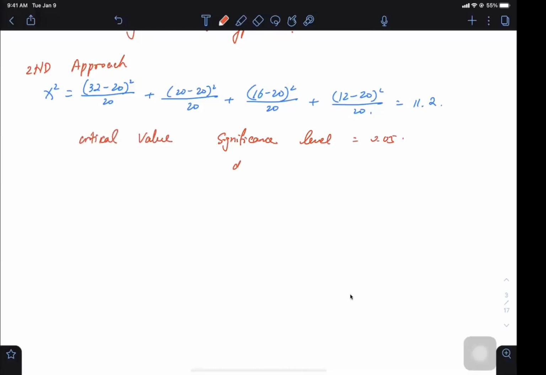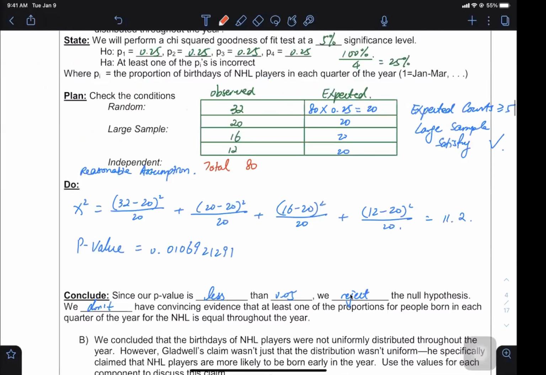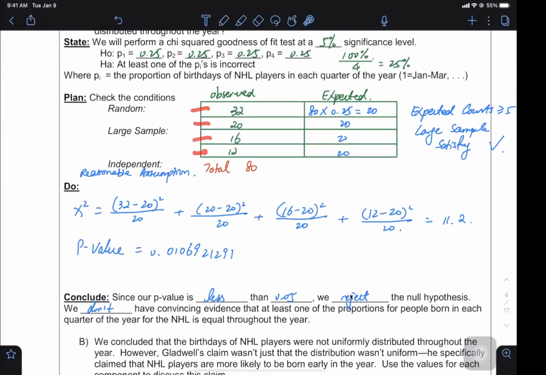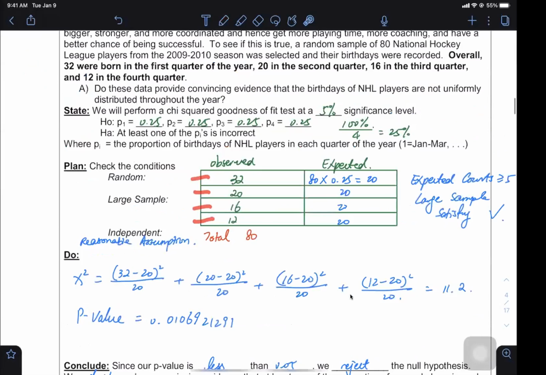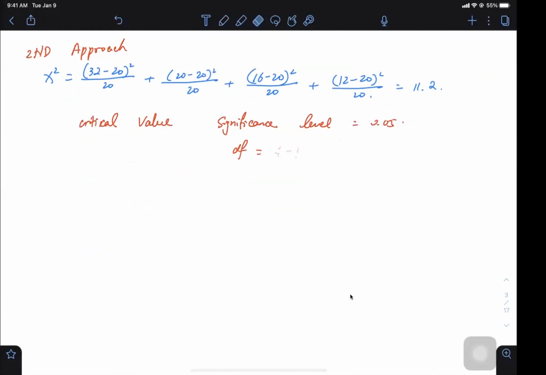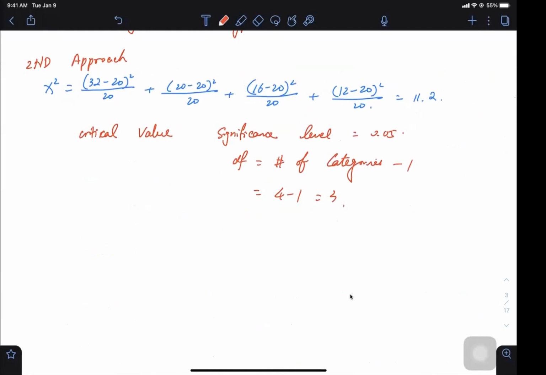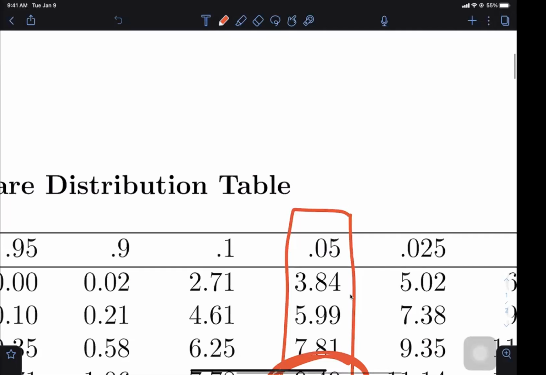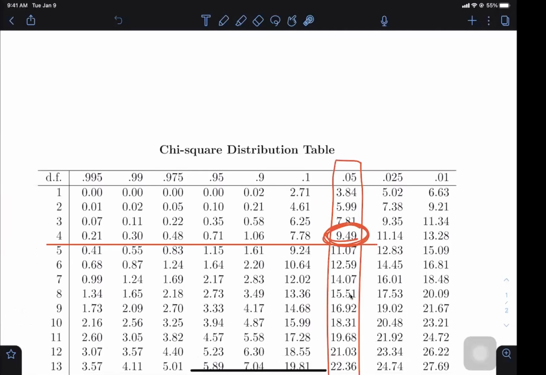And then the degree of freedom is 4 minus 1, 4 because we have a total of 4 categories. So the degree of freedom is the number of categories minus 1. So the critical value in this case equals 7.81.